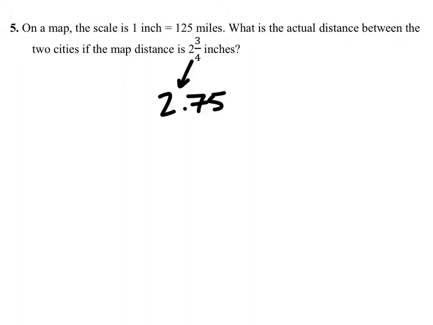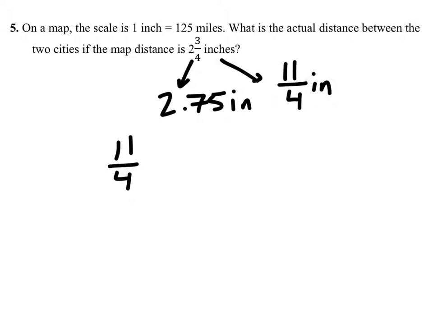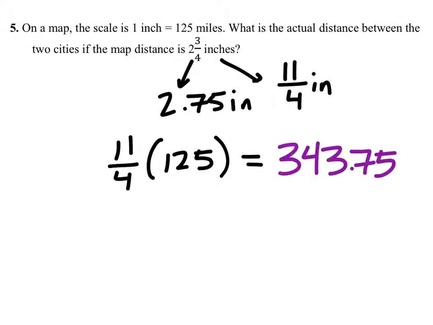Do you guys want the decimal or the fraction on this? Oh, the fraction? Okay. As a fraction, this one would be 11/4 in inches. So what you can do is you can take 11/4, and that will tell you how many groups of 125 miles you would have. So this would be 343.75. We need to remember to label these in miles.